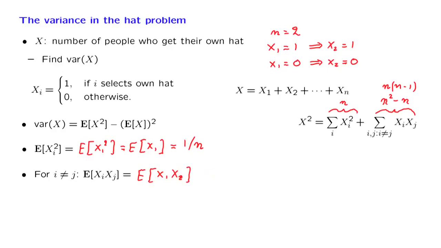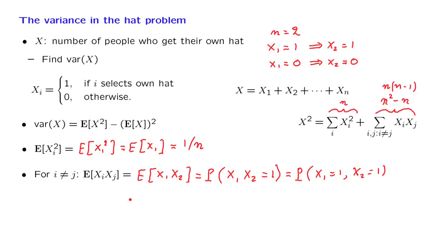Now, X1 and X2 take values 0 and 1, and the product of the two also takes values 0 and 1. So this is a Bernoulli random variable, and so the expectation of that random variable is just the probability that this random variable is equal to 1. But for the product to be equal to 1, the only way that this can happen is if both of these random variables happen to be equal to 1.